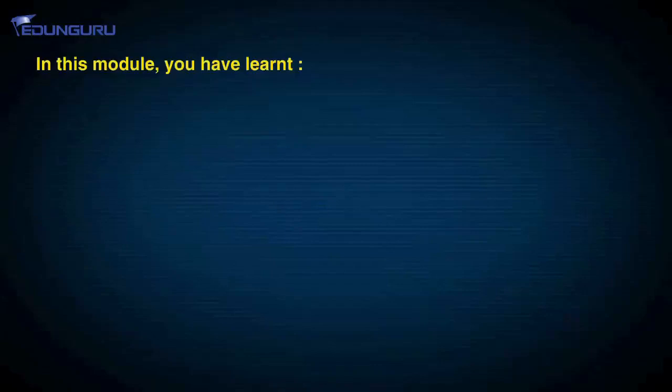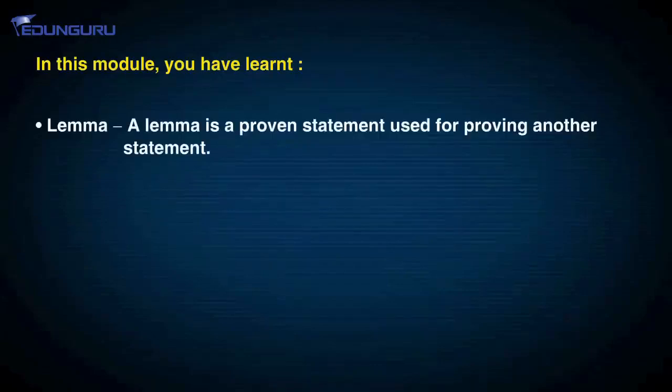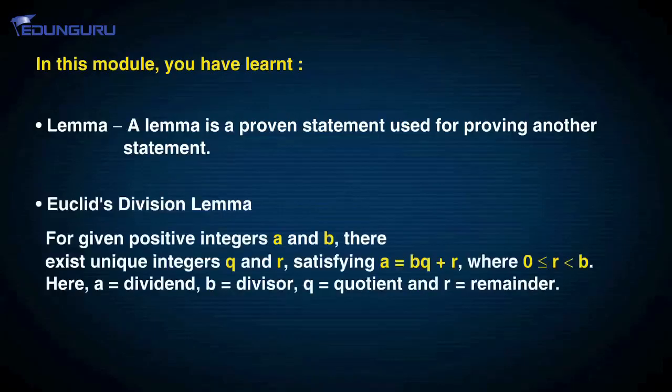In this section, we learnt about the following. Lemma. A lemma is a proven statement used for proving another statement. Euclid's division lemma. For given positive integers a and b, there exist unique integers q and r satisfying a is equal to bq plus r, where r lies between 0 and b, 0 inclusive but b not inclusive.